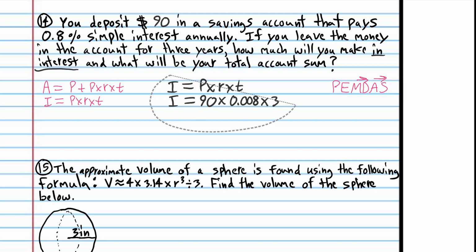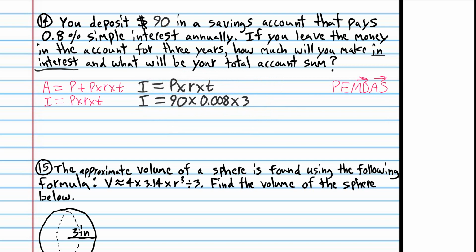I'm going to move this stuff over a little bit. All right, so 0.008 times 90. Actually, I'm going to write it the other way. It's traditional to write the bigger number on top, even though it really doesn't matter. 8 times 0 is 0. 8 times 9 is 72.